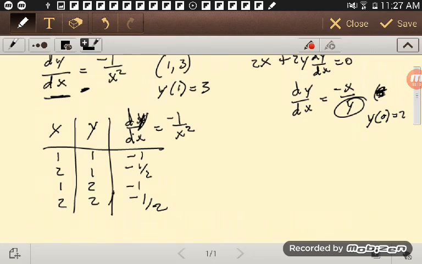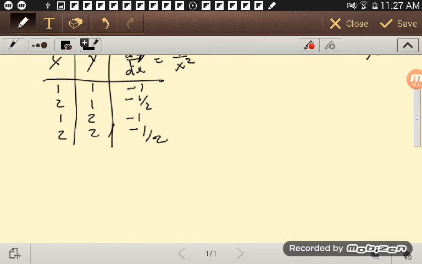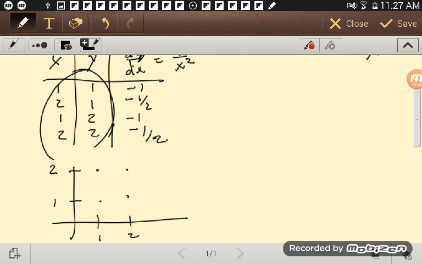But then what we can do with that is go here, and there's a 1, there's a 2, there's a 1, there's a 2. At each of those points, we can draw slopes.